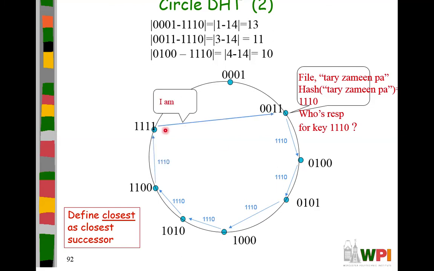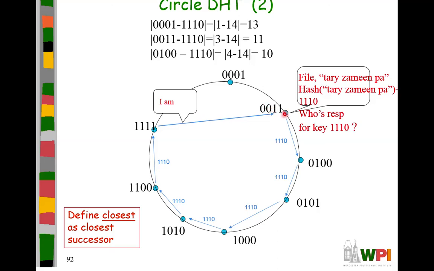So it means that this is the responsible pair. So the Tare Zameen Pe movie file is stored here, or the index information is stored here, saying that the Tare Zameen Pe movie is present with this pair.